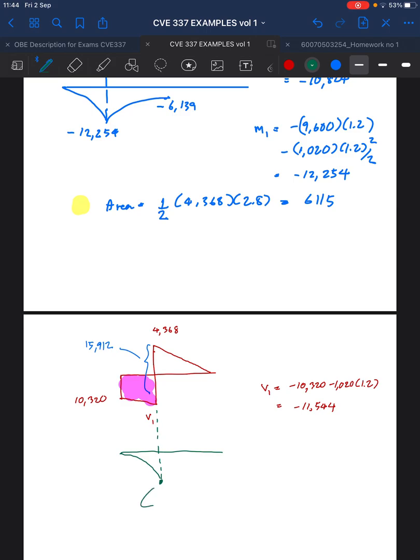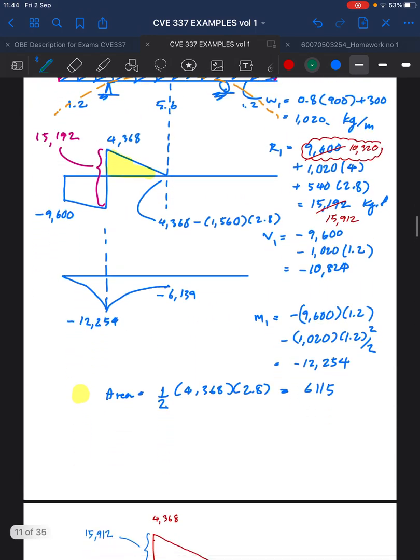So right here, this value at this point is going to be that area, which is 10,320 plus 11544 over 2 multiplied by 1.2, right? Is that correct? Yeah.